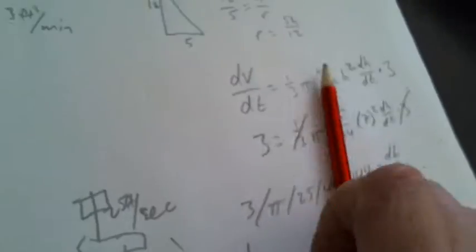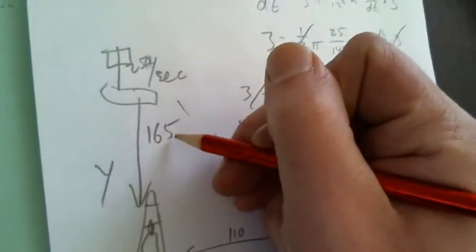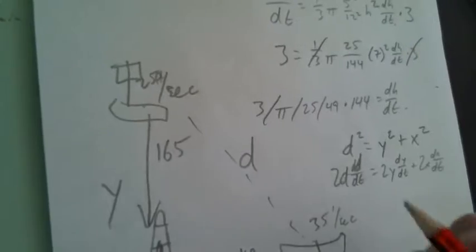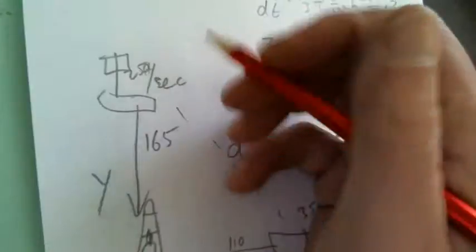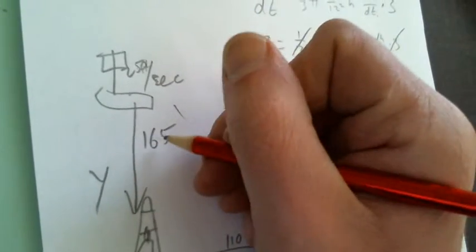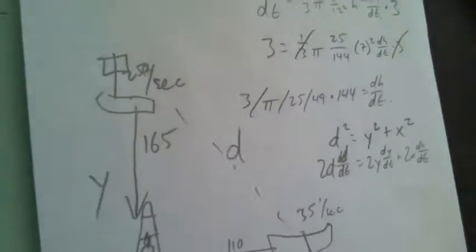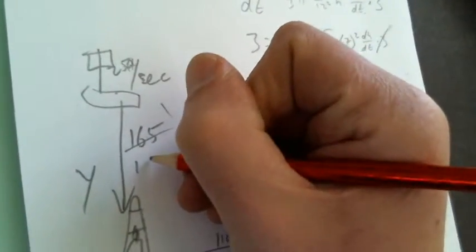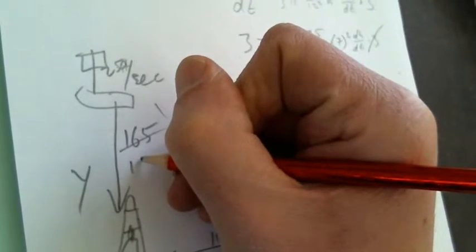So if we are 165 feet away, after 1 second we will be 25 feet closer, so this will actually be 140 feet.